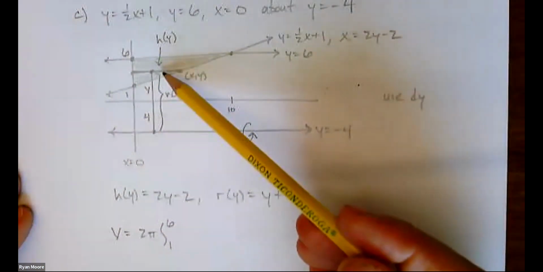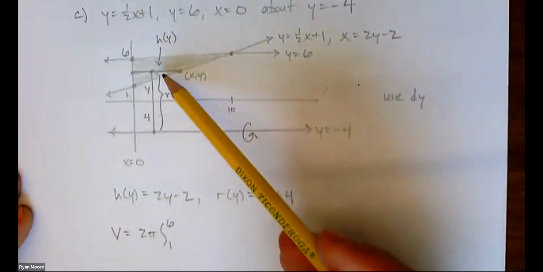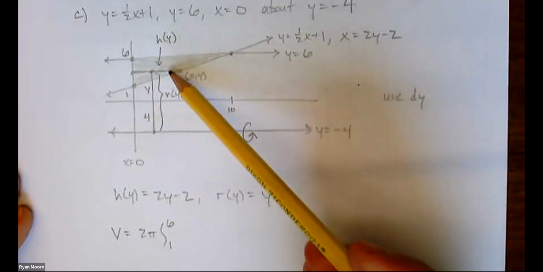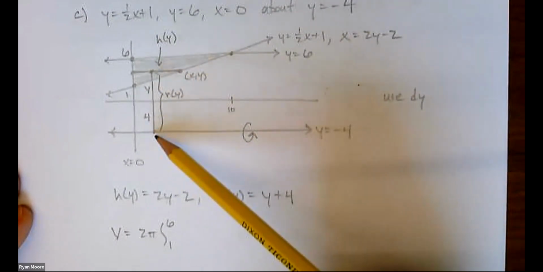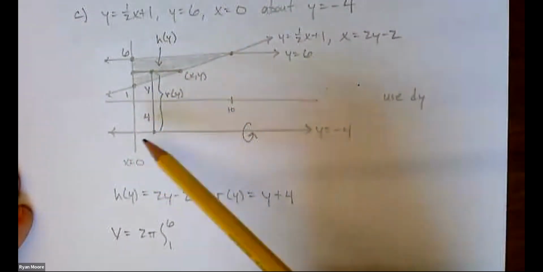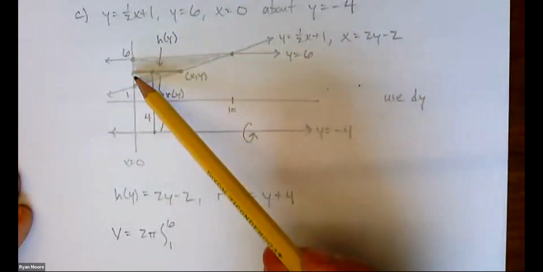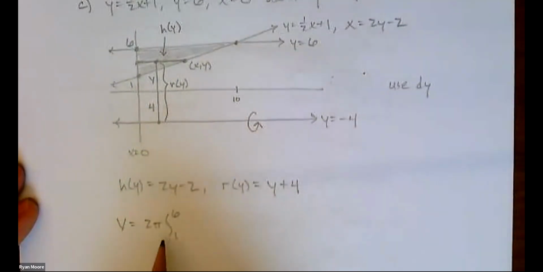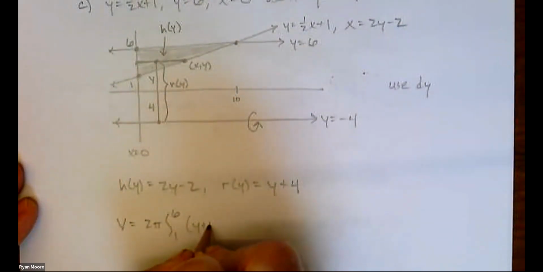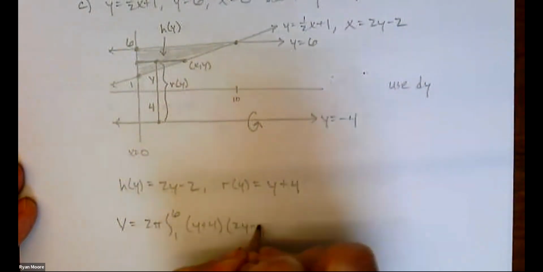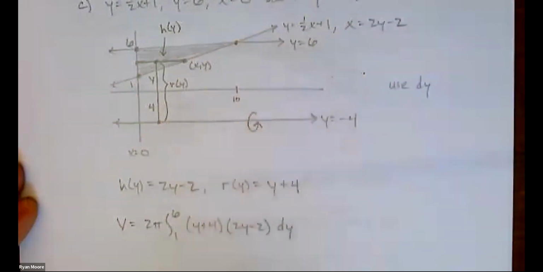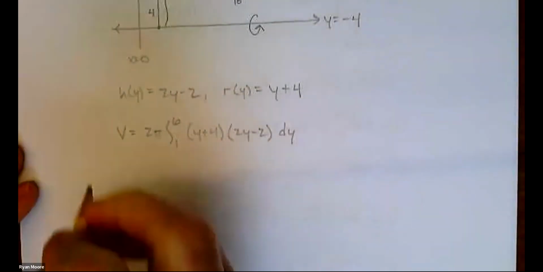The fact that the axis of revolution is so far away is taken into account by the radius. So we wouldn't say it's from down here to 6. No, we integrate just across the region. Okay, then it's r times h dy.